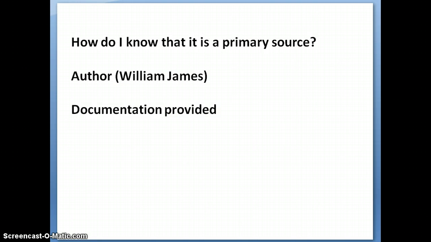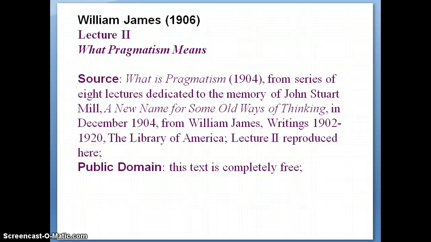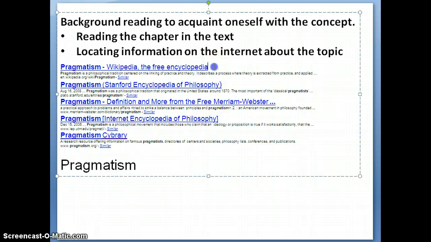Okay, now, what I've done is I've shown you the beginning steps. So if you were doing pragmatism, William James would come to the fore as a primary author. But there are many ways to do that process. If you did your search process, in other words, went in, did your search, got your hits, looked around, got some background information, and that's another thing Wikipedia, for example, can be helpful with.